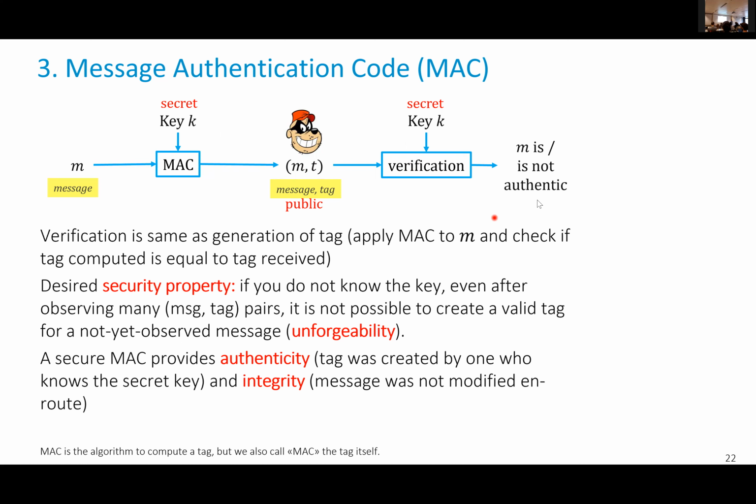If so, I believe that the message is authentic, because this relies on the security property: the assumption is that an attacker who sees this message and the tag and would like to forge the message would be unable to compute a tag that is valid for the forged message unless the attacker knows the secret key. That's the unforgeability assumption here.